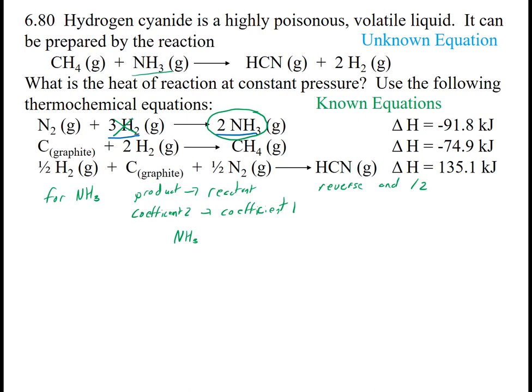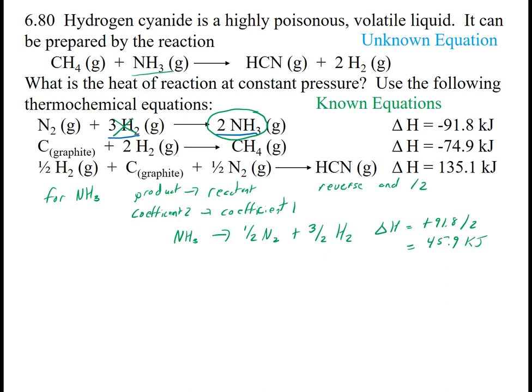That's the only product I have, so now I have the reaction arrow, because reversing it means it becomes a reactant. 1 N2, if I divide by 2, becomes 1/2 N2. And 3 divided by 2 becomes 3/2 H2. And the delta H becomes a positive 91.8 divided by 2, and that's going to give me 45.9 kilojoules. So that's equation number 1.